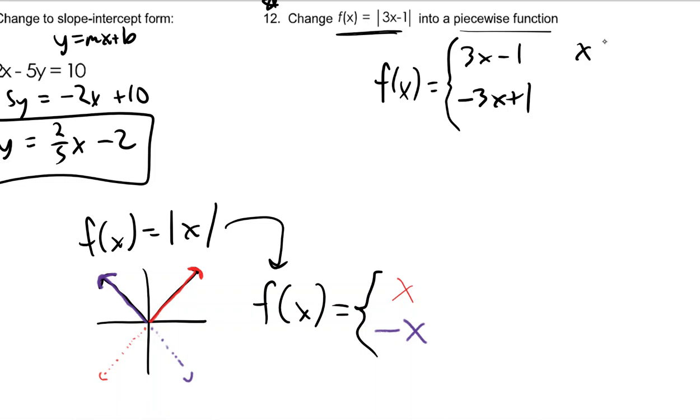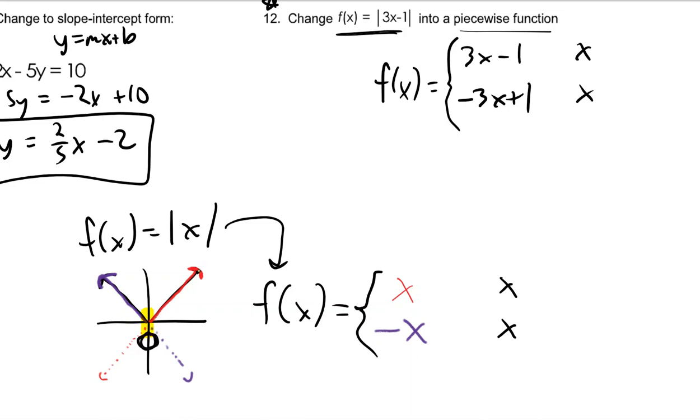Okay, now we got to think about the restrictions because we don't want forever on both of them. So on this one, the main thing I'm interested in is this point right here. Where are they handing off from one function to the next? And it's handing off at 0.